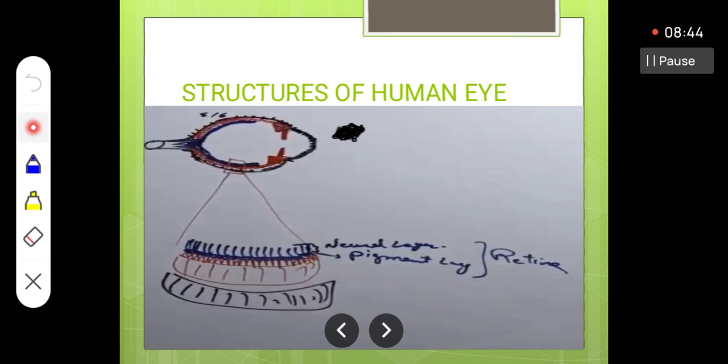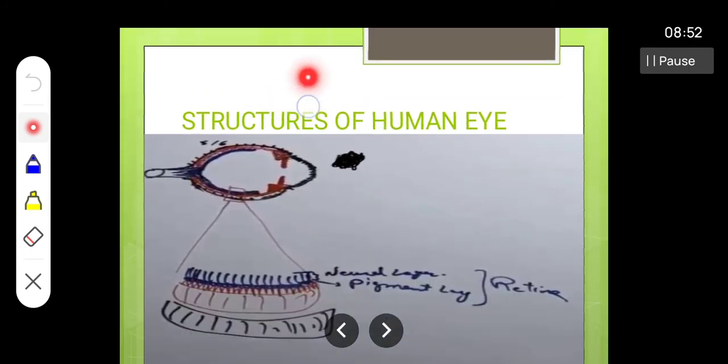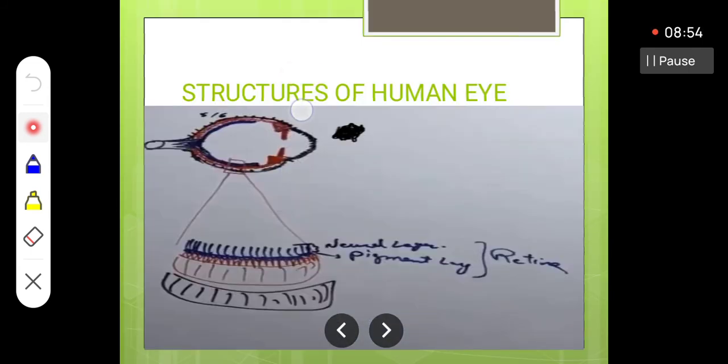But it stops somewhere in the middle, at the corneoscleral junction. I am talking about this corneoscleral junction, in the coronal section of the eyeball. Coronal section generally means this part.